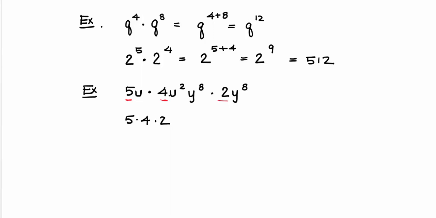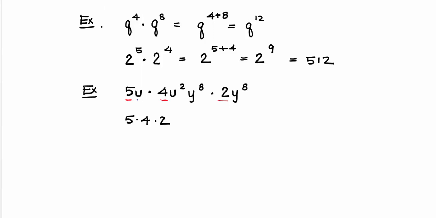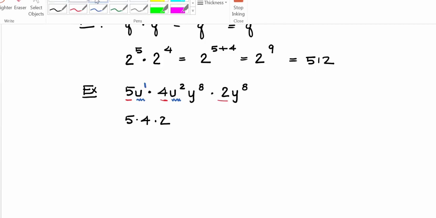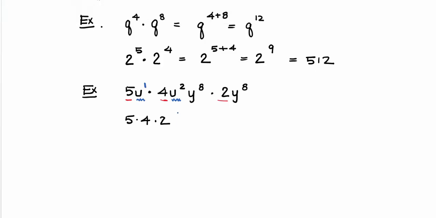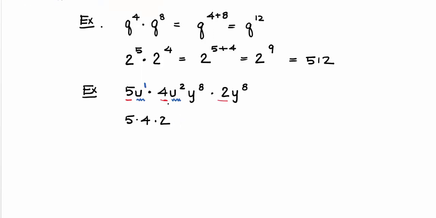And then I'm going to look for my u's. So here I have a u, and here I have a u. Now, if you notice, this first u doesn't have an exponent. It's understood that that's an exponent of 1. So I'm going to go ahead and write u to the 1 times u squared.